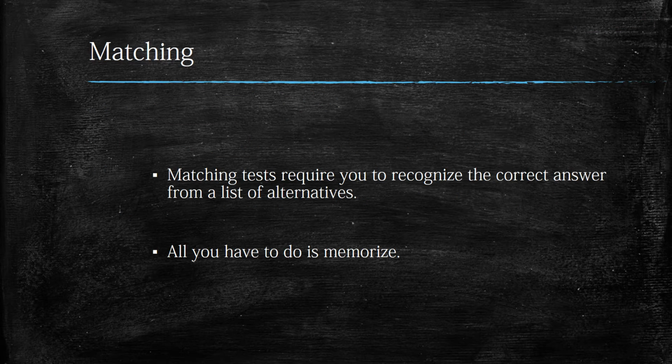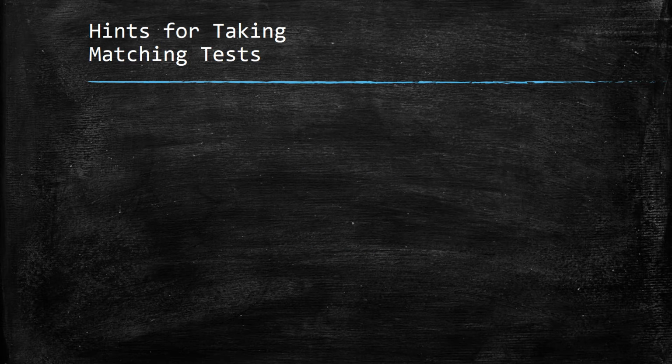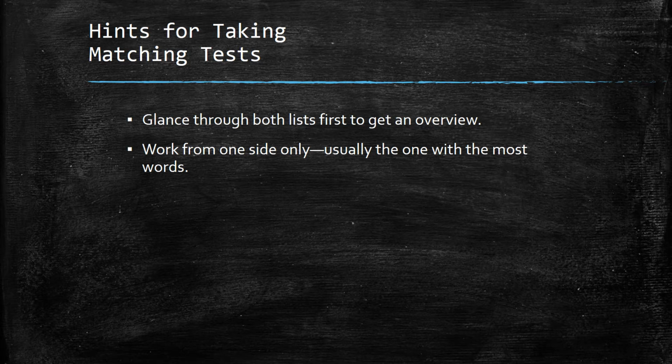So, matching tests. Matching tests require you to recognize the correct answer from a list of alternatives. All you have to do is memorize. Hints for taking matching tests. Glance through both lists first to get an overview. Work from one side only, usually the one with the most words.